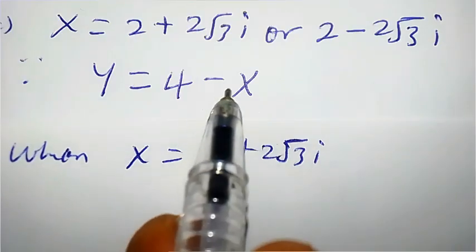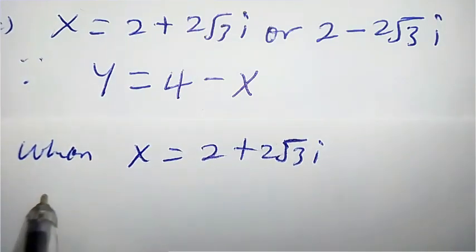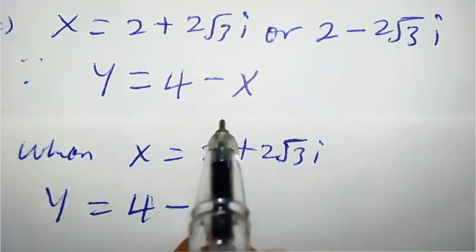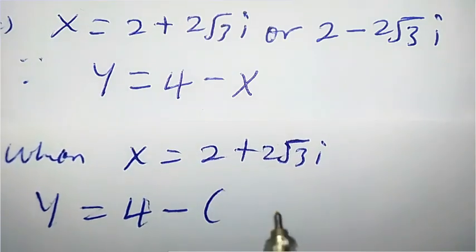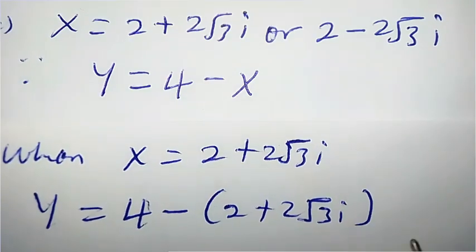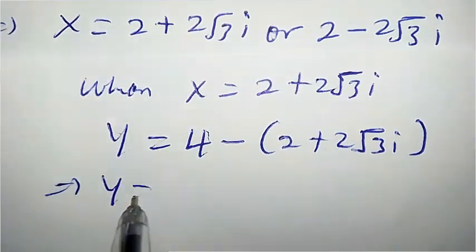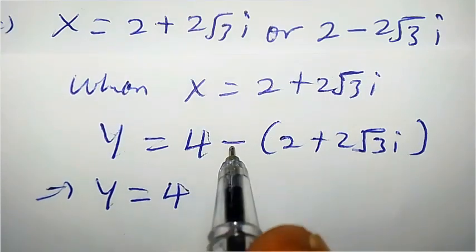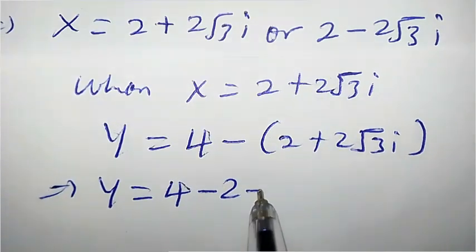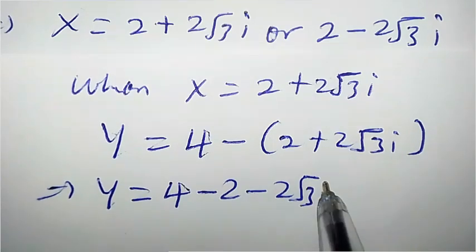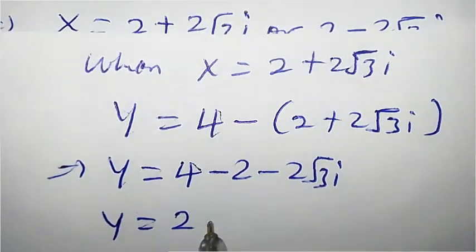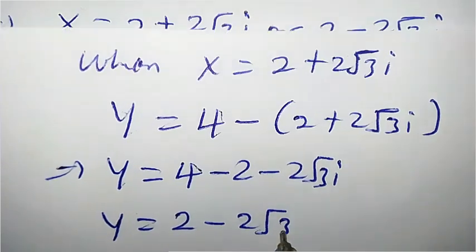We just plug the value of x here. That will be y equal to 4 minus x. What is x? 2 plus 2 root 3i. This implies that y equals 4 minus times 2, that is negative 2, minus times 2 root 3i, that is negative 2 root 3i. So y equals 4 minus 2, that is 2, minus 2 root 3i.